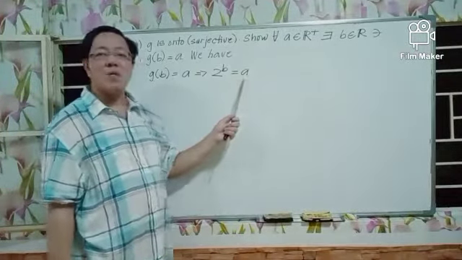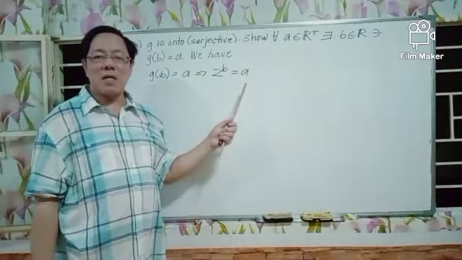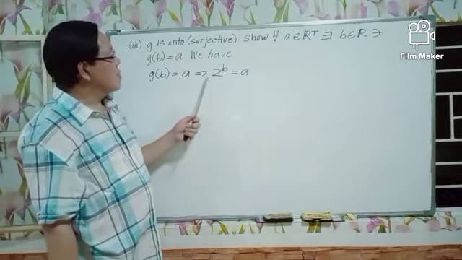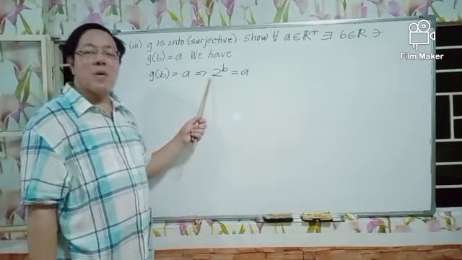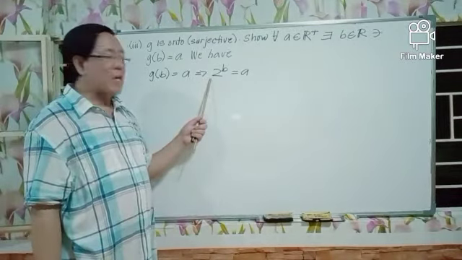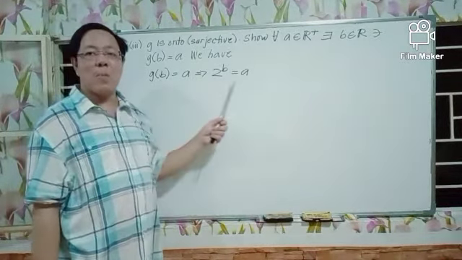And g of b equals a implies that 2 to the b is equal to a. From this equation, we solve for b by taking the logarithm of both sides to the base 2.